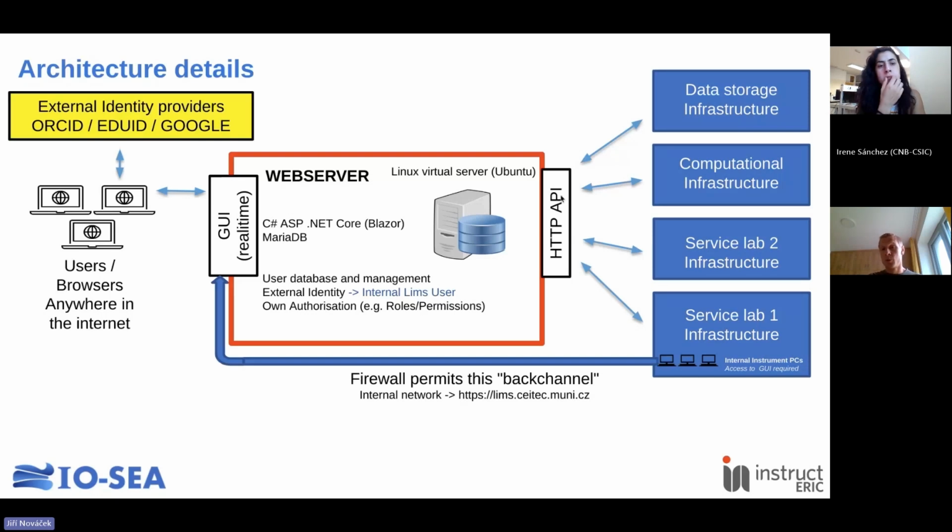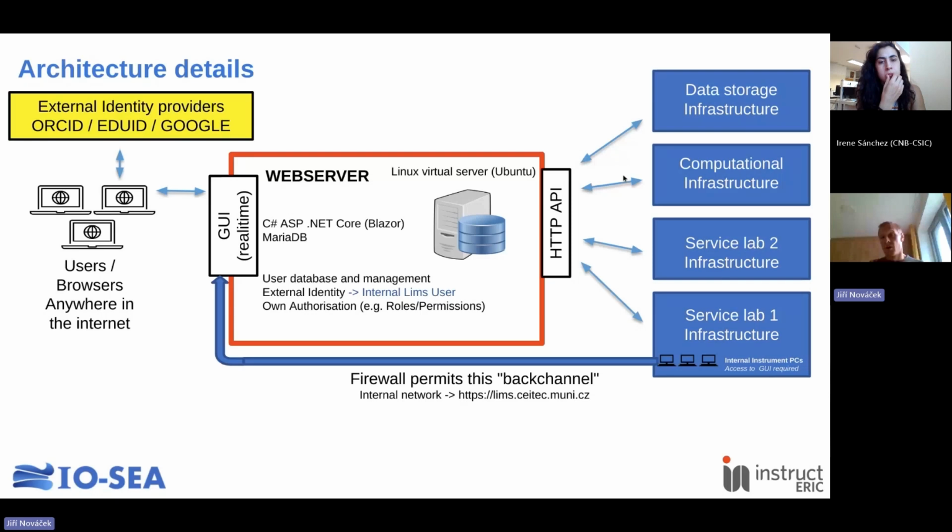Such a node might be either storage infrastructure, such as a cloud storage, or computational infrastructure, such as the front end computational resources on the HPC, or actually the service lab. So the EM lab from which we collect the micrographs that are then submitted to the system.